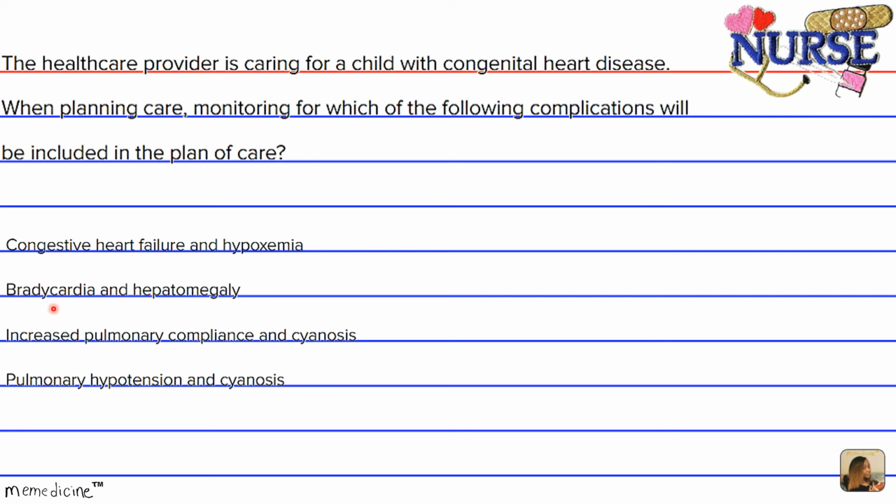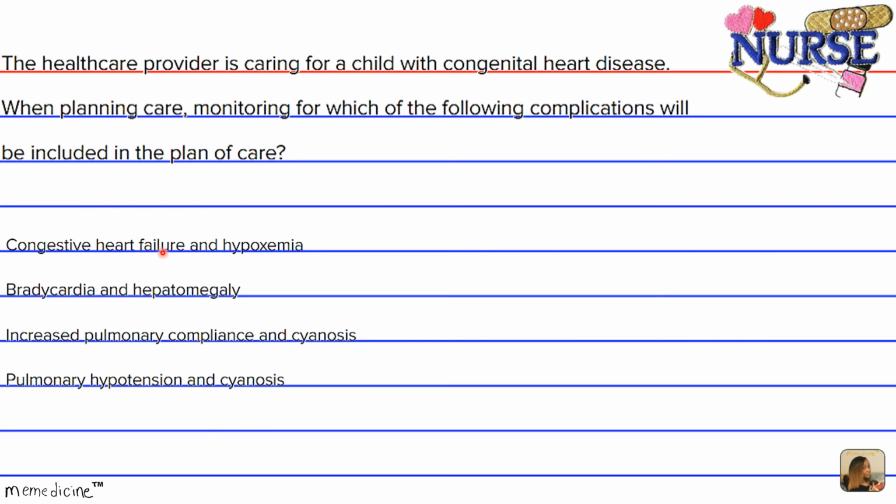Specifically, though, congenital heart defects affect the heart's ability to pump efficiently. So still, we're left with these choices. But patients with congenital heart disease are generally at risk for developing congestive heart failure and then a subsequent hypoxemia.